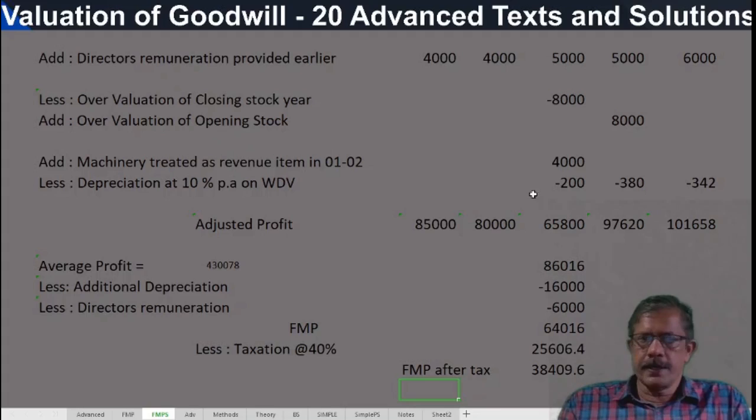Otherwise, you have to take all these adjusted items in their net tax figures. Some questions are there in the text where I have taken all the expenses and incomes adjusted with the 40% tax rate. A dollar and 1 rupee never becomes 2.